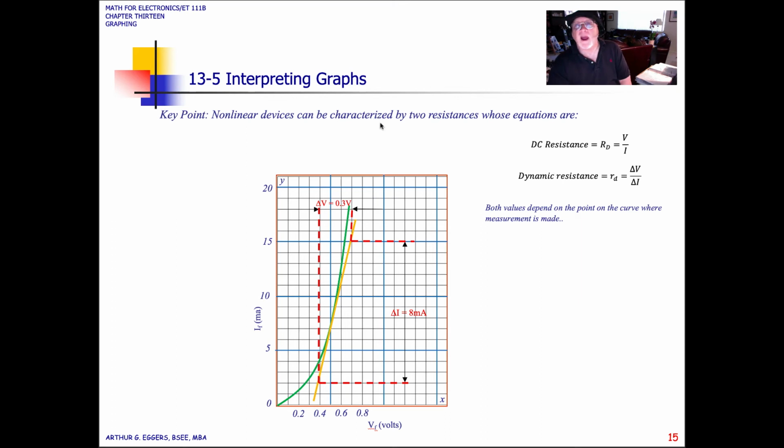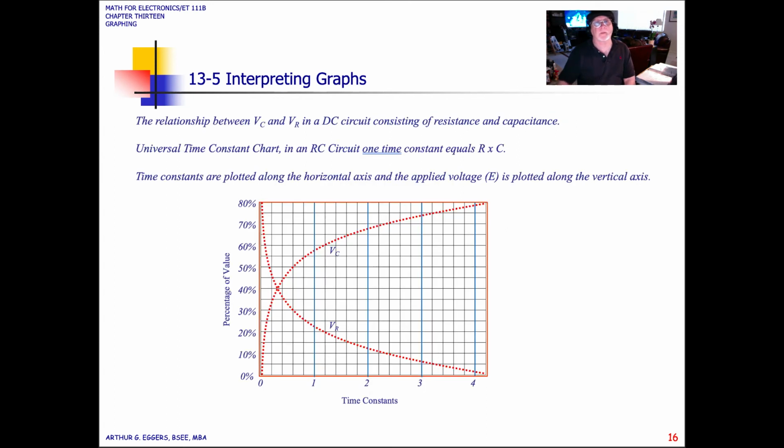In interpreting graphs, then, the nonlinear device can be characterized by those two resistances whose equations we just saw. You'll notice the DC resistance is just picking two values on the line. The dynamic resistance actually requires us to look at the change in those values. As the voltage increases, the current changes, and that gives us our dynamic resistance.